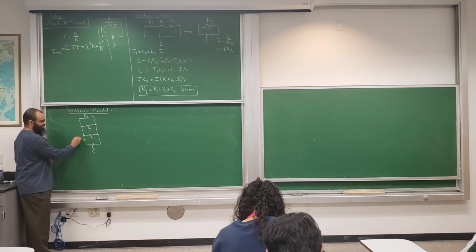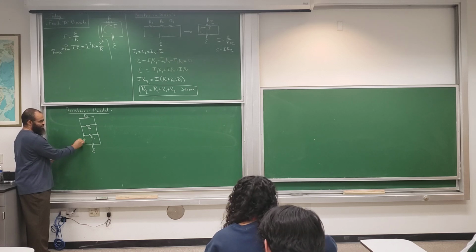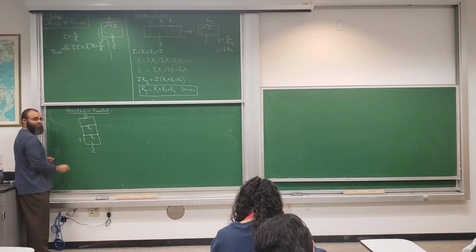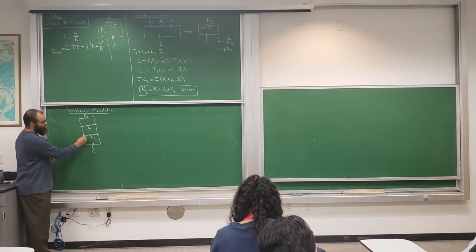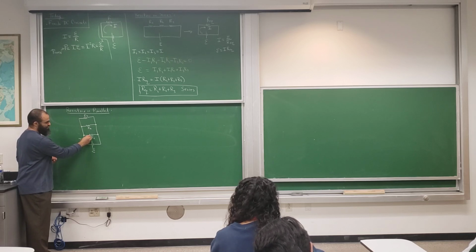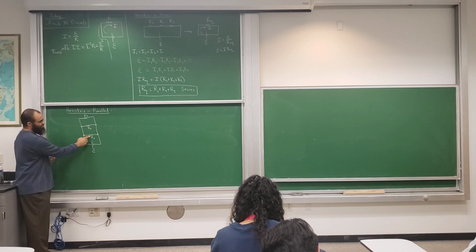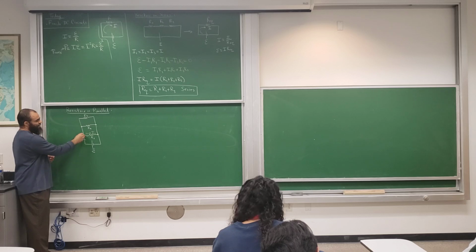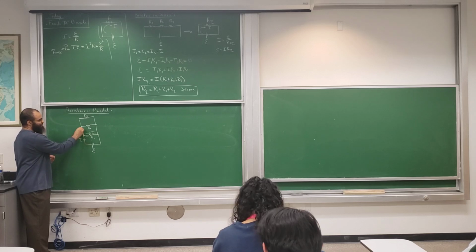Let's call the current here I. When this current gets to here, will all of it go this way, or all of it go this way, or some this way and some that way? Yeah, some will go this way, and we're going to call that I1, because it's the current that will pass through R1. And some will go this way.